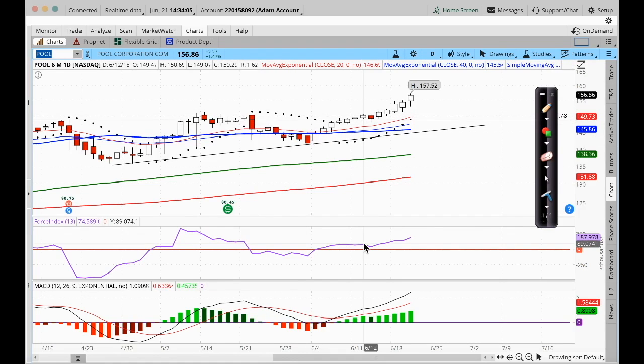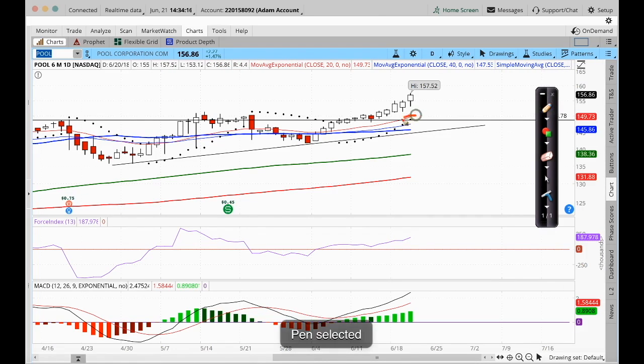Okay, so some people would ask me, so Adam, are you saying that if I want to go long, I want to buy, all three indicators must be bullish? That means the parabolic SAR must be below the candle, dot below the candle, the force index must be above zero, and the MACD must be bullish. That means the MACD line, black line above red line, green bars. Must all three of them have to be bullish?